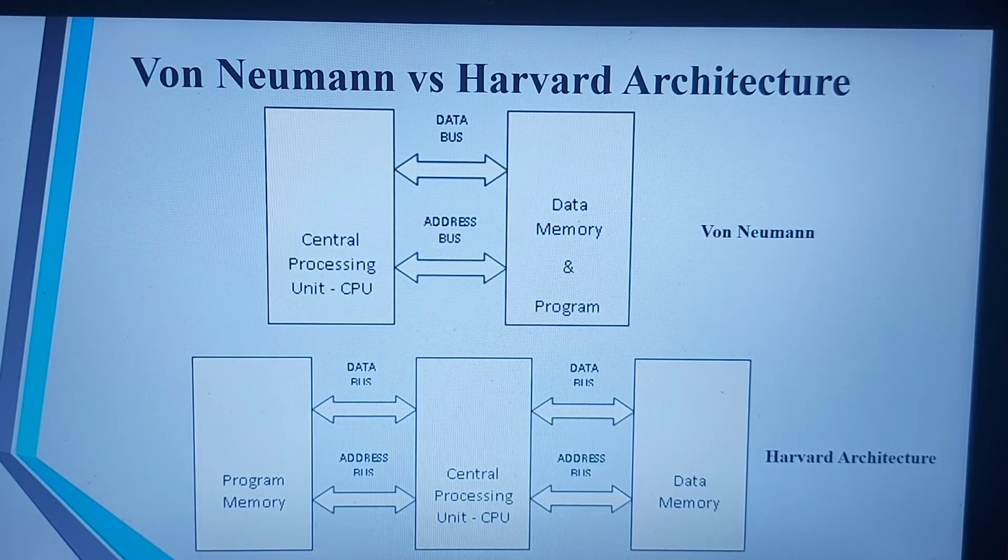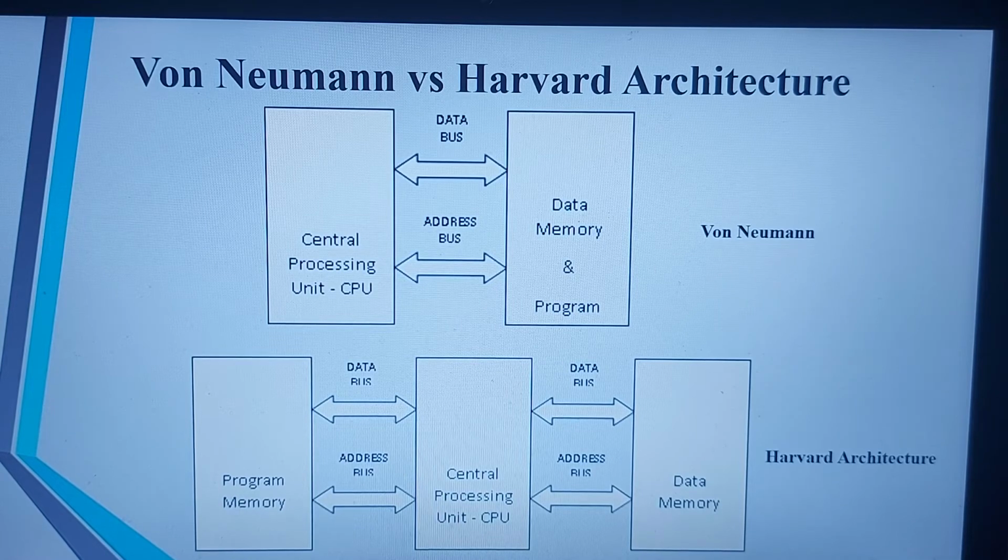In case of von Neumann, if we see a block diagram, there is a common address space for both data and program. And there is a common set of buses, that is address and data bus, which are used to access the information from memory address space. At the same time, if we observe the block diagram of a Harvard architecture, there are two different address spaces provided for program and data memories.